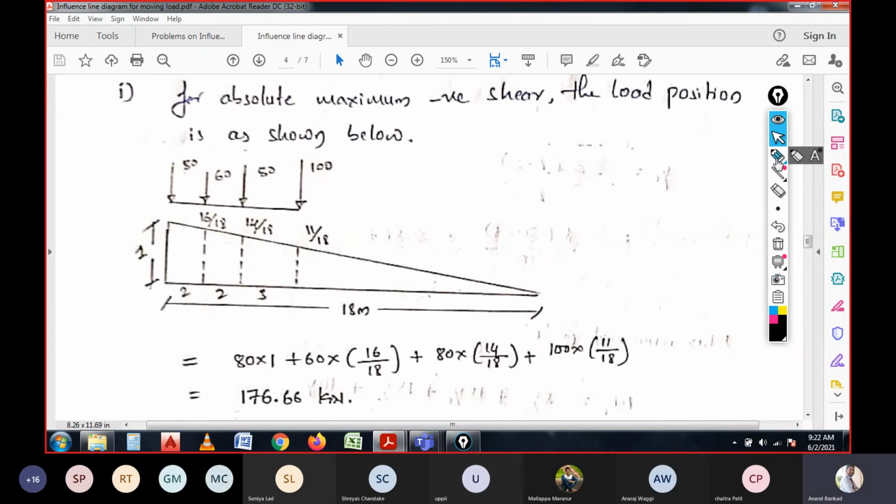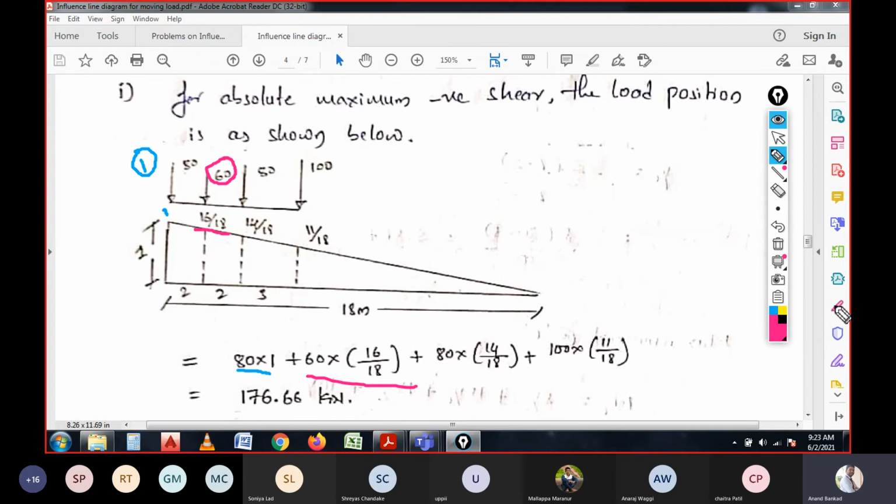So let us consider one by one over here. So this is the first load, which is 80, with the intensity 1 over here, 80 into 1, right? And next this 60 into 16 by 18, it is considered over here.